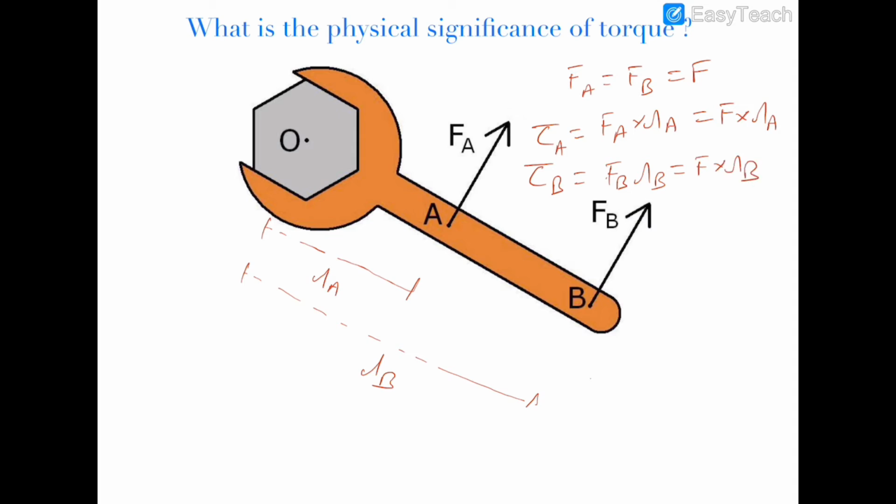You can see that RB is greater than RA, therefore torque at B would be greater than torque at A, which means that despite applying equal forces at two different points, much more torque is produced when the force is applied at point B, which is far away from point O. So to rotate any object, force is required as well as torque.